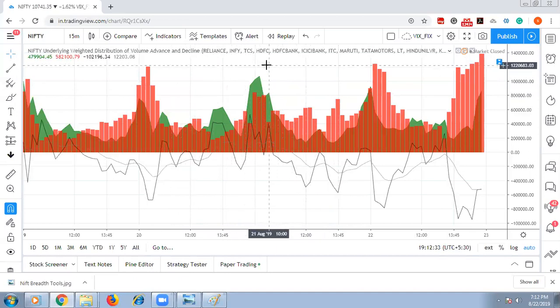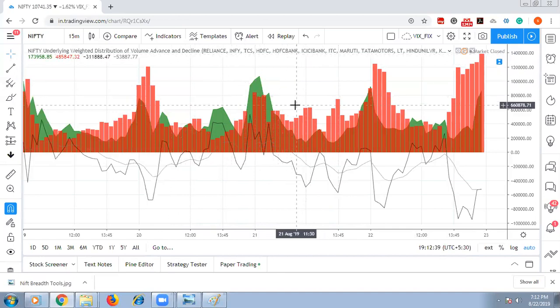So in India, HDFC Bank has got the largest weightage in our Nifty. The reason is the free float market capitalization is very high. What is free float market capitalization? Free float market capitalization is the total number of shares that are available for public trading.